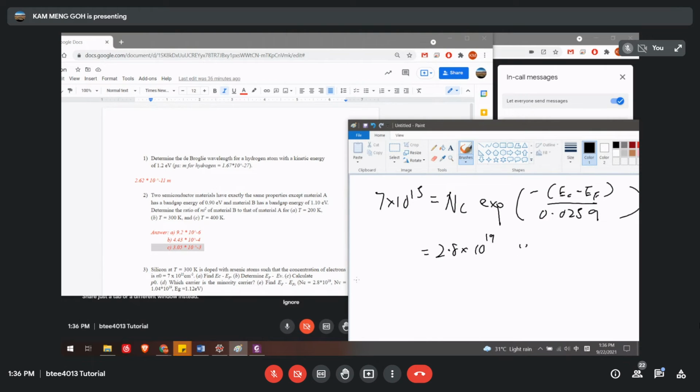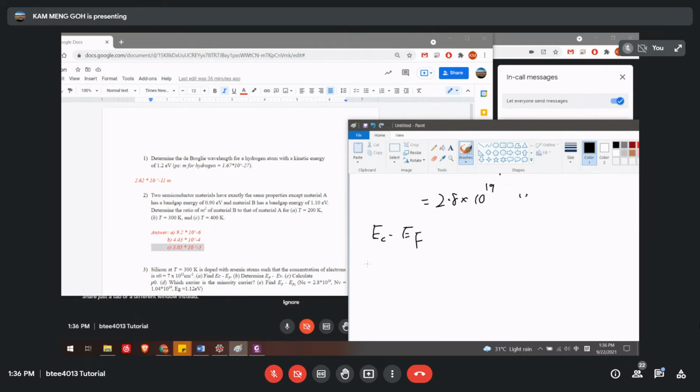Then you rearrange it to get Ec minus Ef. This is the first part. For the second part, you get Ef minus Ev. In the question, it's given that Eg equals 1.12. So you just need to use 1.12 minus Ec minus Ef. Then you get your Ef minus Ev.